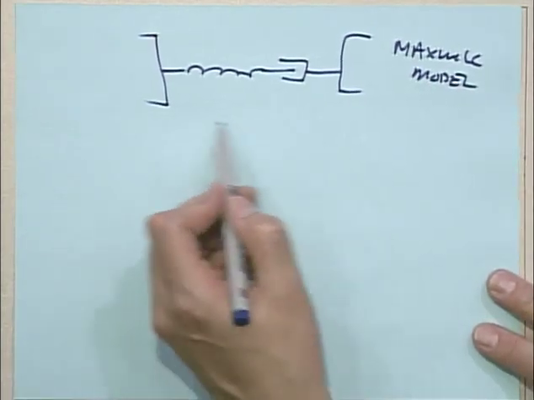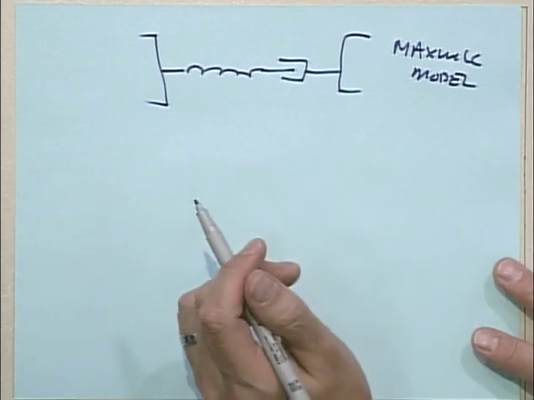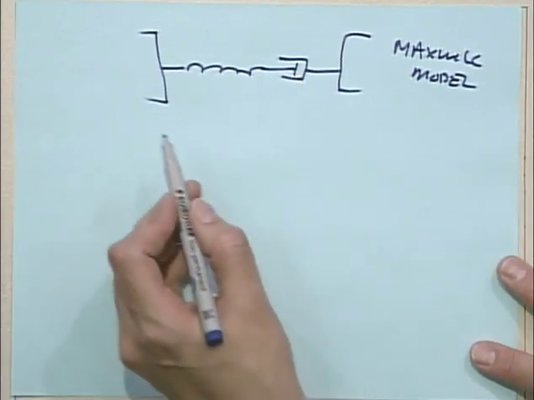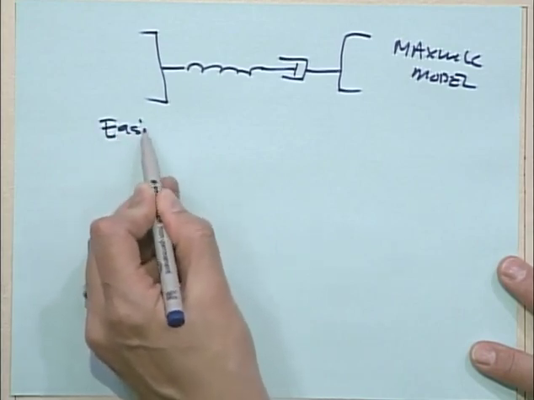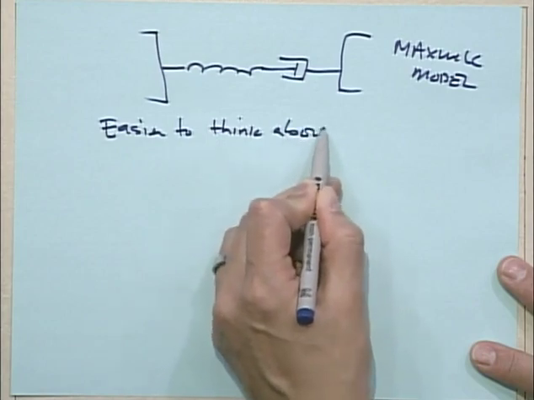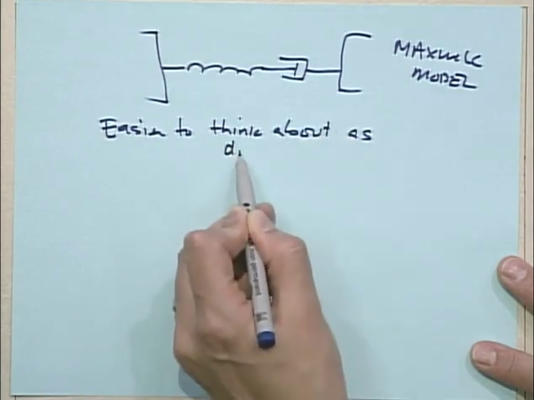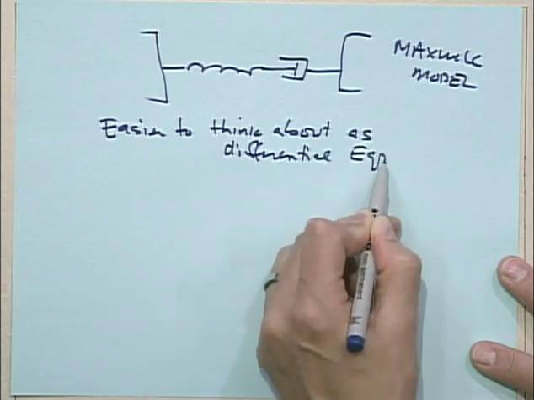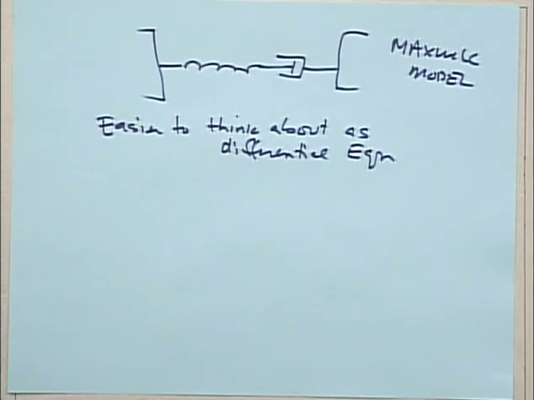So this mechanical analog is much easier to understand in terms of differential equations. And so the other approach besides fixing up strain measures has been to fix up differential equations.